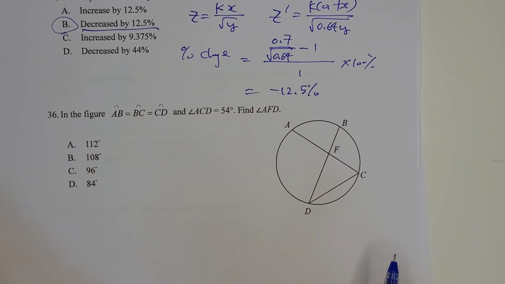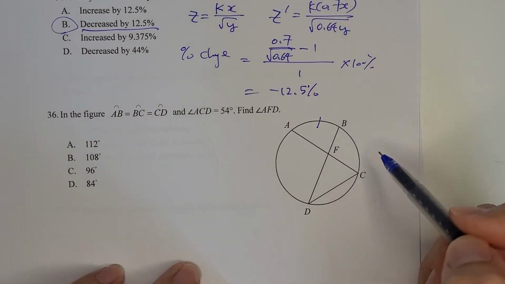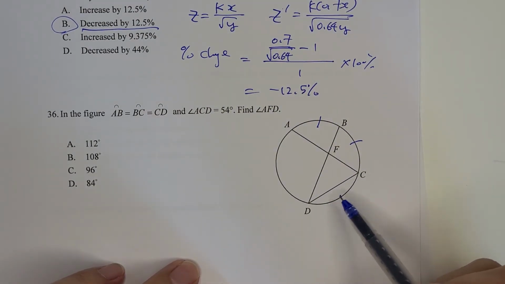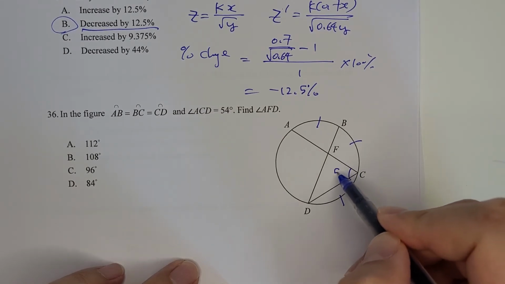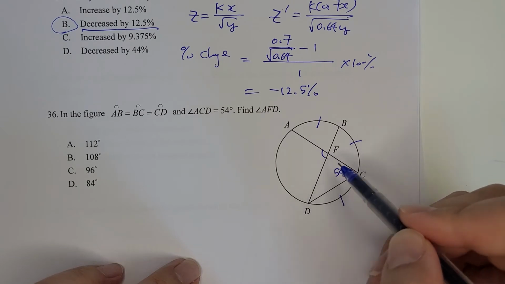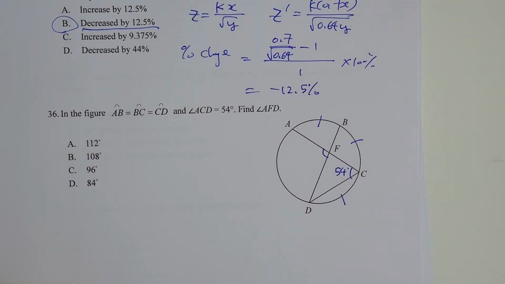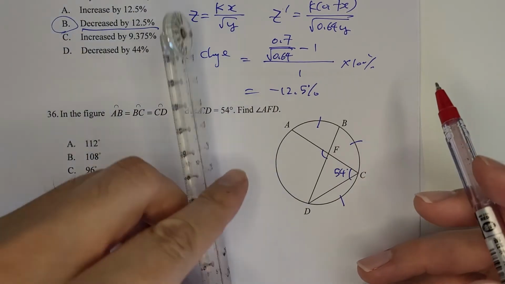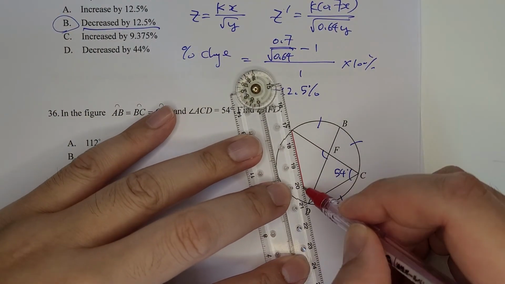Go to question number 36. AB equals BC equals CD. Angle ACD is 54 degrees. Find AFD. If you want to use the relationship between equal arcs and equal angles, you need to add a straight line like this, AD.